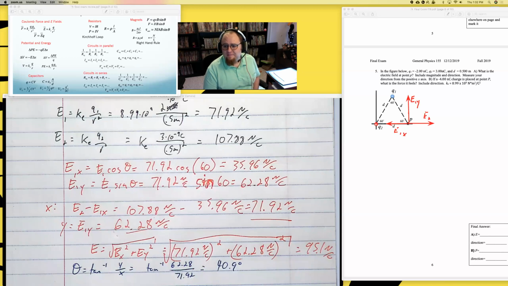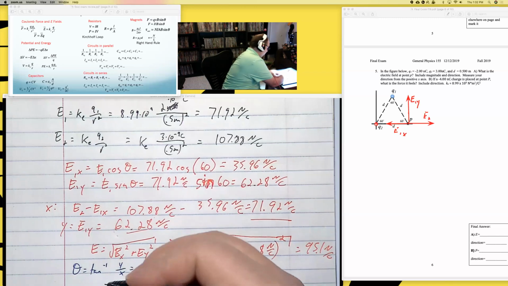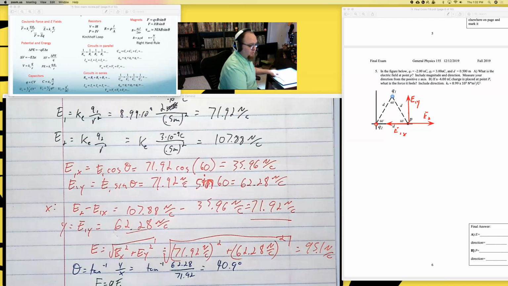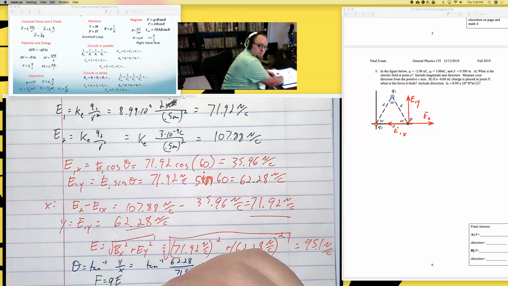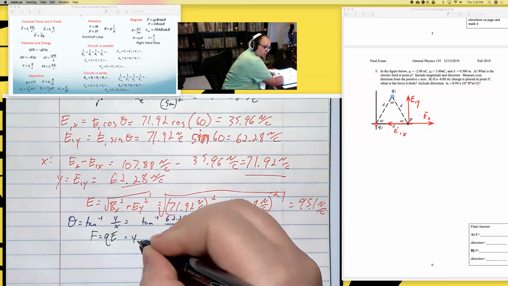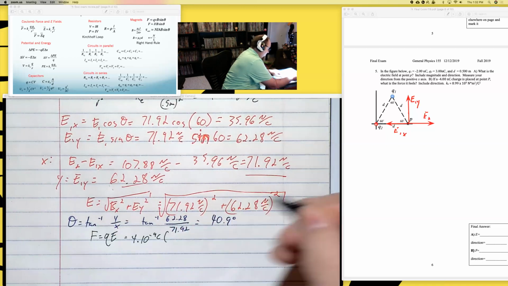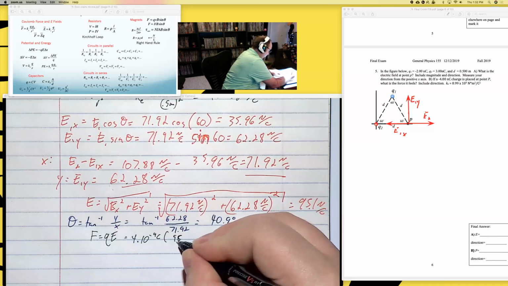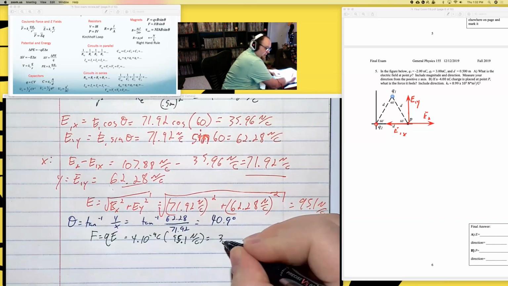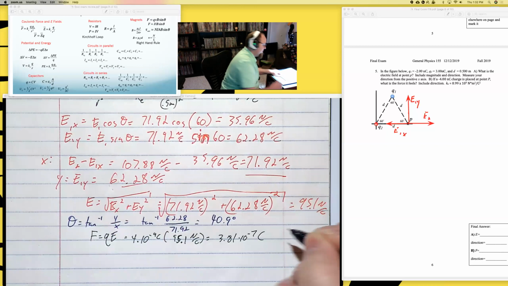Okay, B. If a 4 nanocoulomb charge is placed at point P, what is the force it feels? Force equals QE. So it's just going to be 4 times 10 to the negative 9 coulombs times 95.1 newtons per coulomb, 3.81 times 10 to the negative 7 newtons.